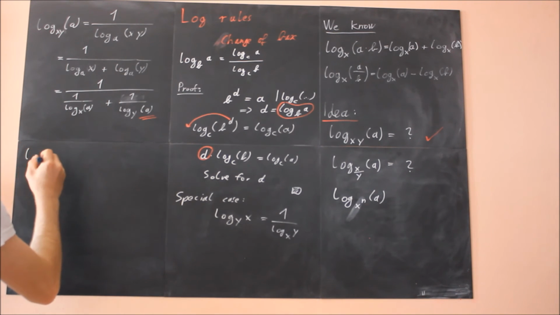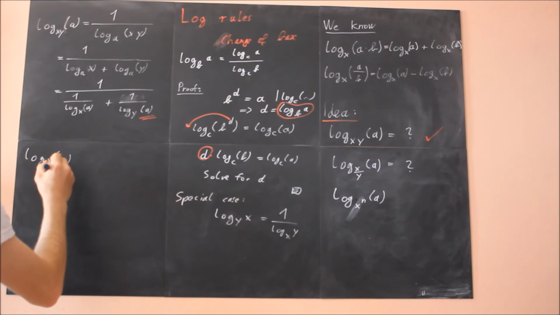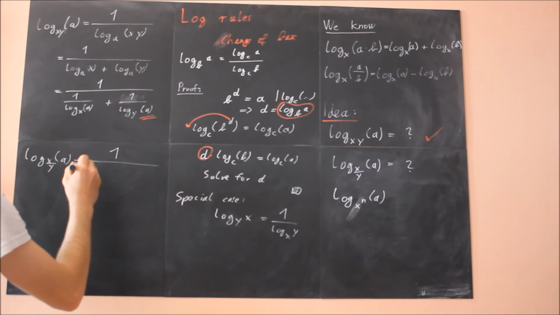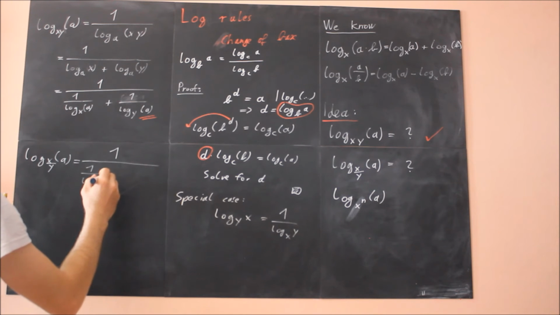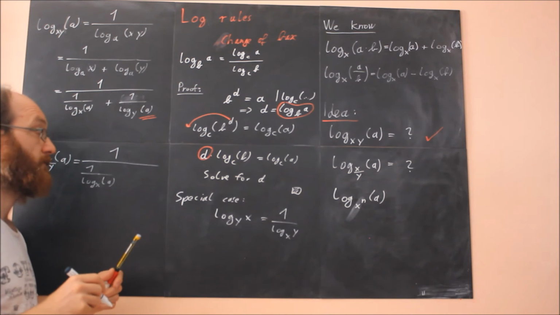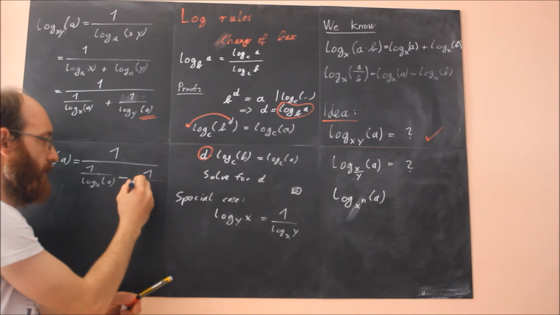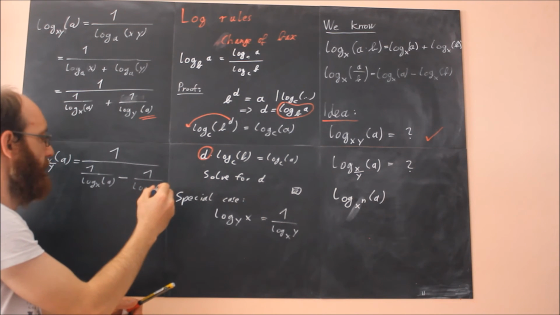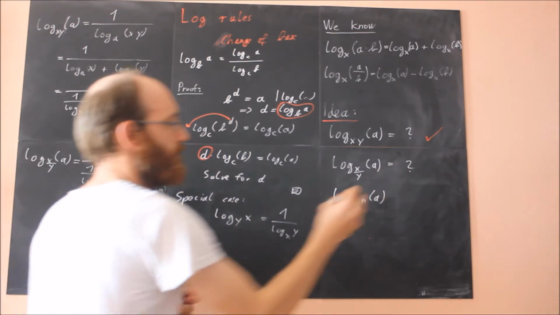So for our second result we have 1 over the logarithm of a to base x minus 1 over the logarithm of a to base y. Okay, so this is the second.